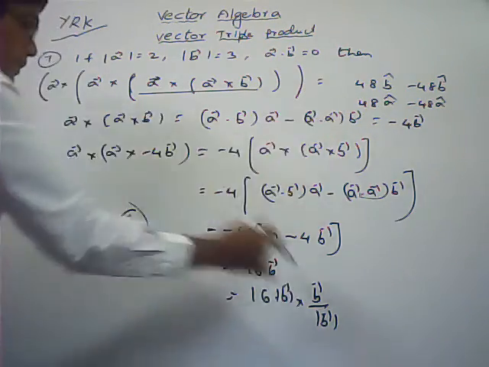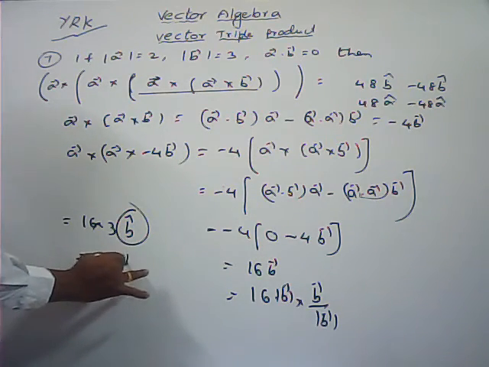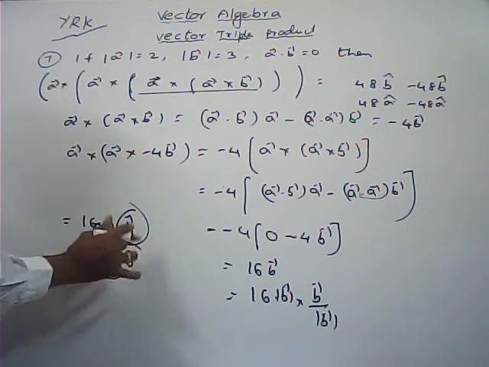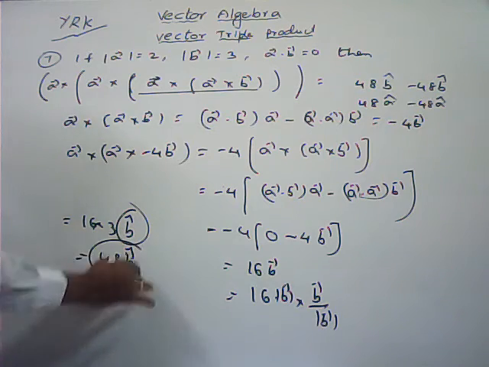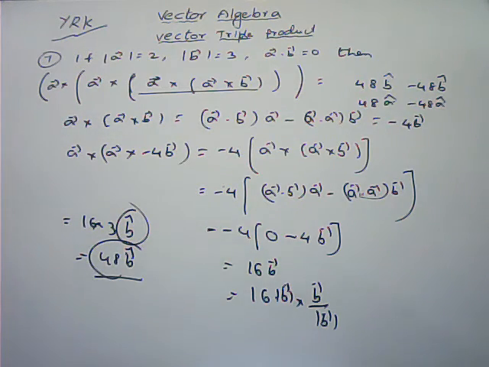Unit vectors are given. So this is 48 B cap. So the first option is the correct one.